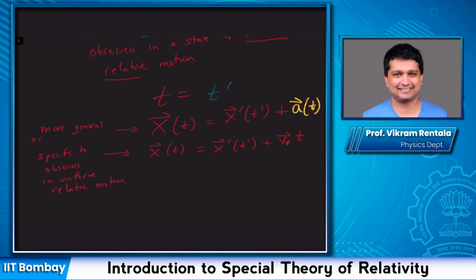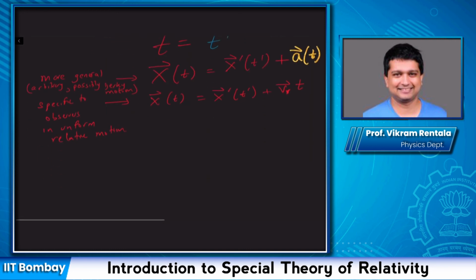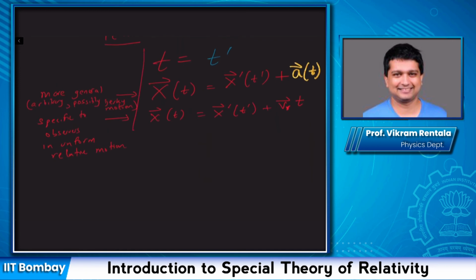Okay, so this is for arbitrary, possibly jerky motion. Okay, so this is a specific case of this dictionary when the observers are in uniform relative motion.